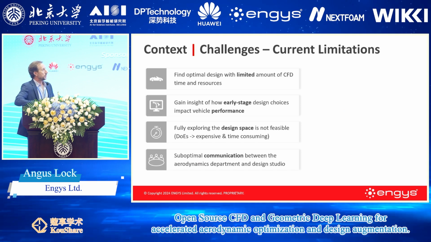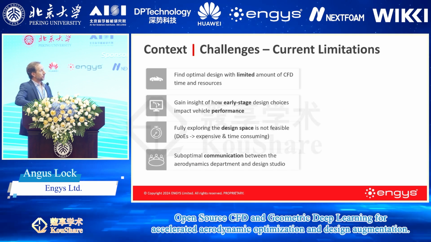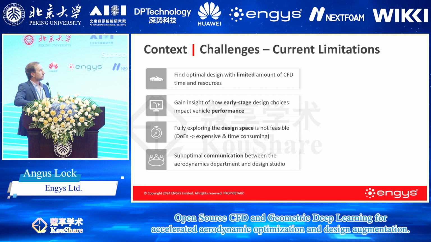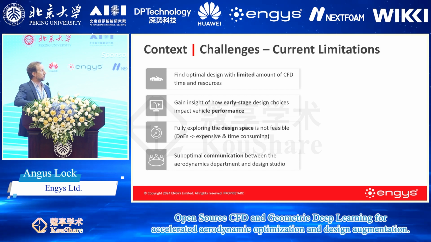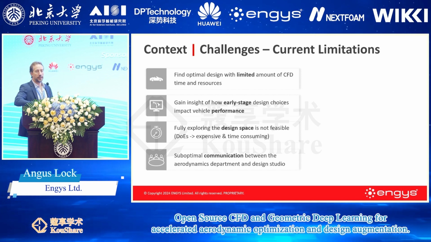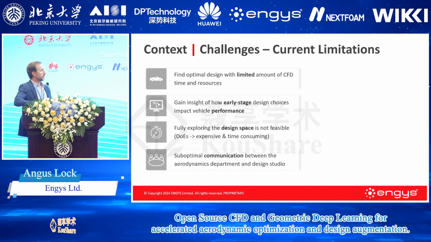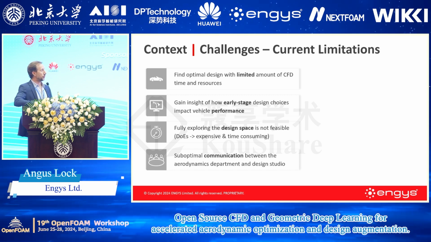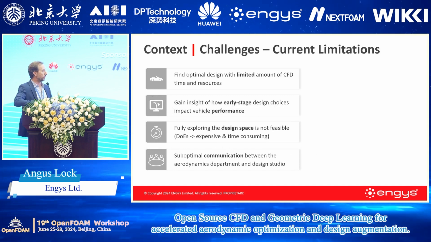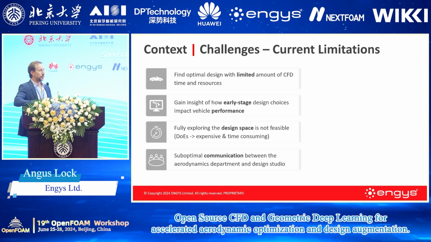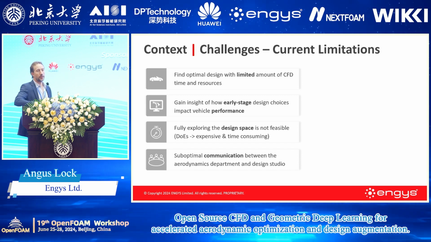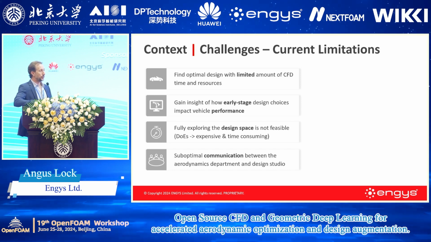In terms of the challenges with current techniques, we're trying to find an optimal design with a limited amount of CFD time and resources. We're trying to gain insight into these early stage design choices and how they impact vehicle performance. Fully exploring the design space is not feasible. The DOEs that we run typically involve hundreds of simulations.